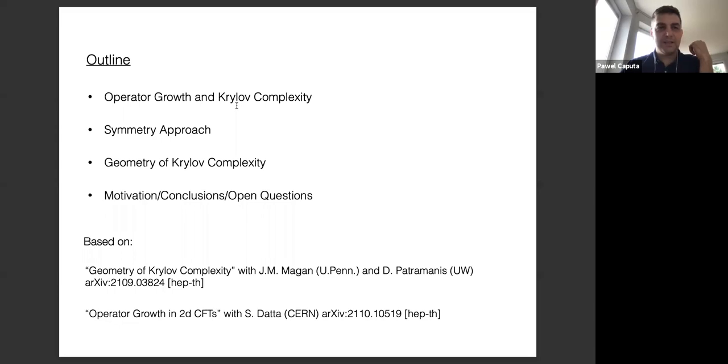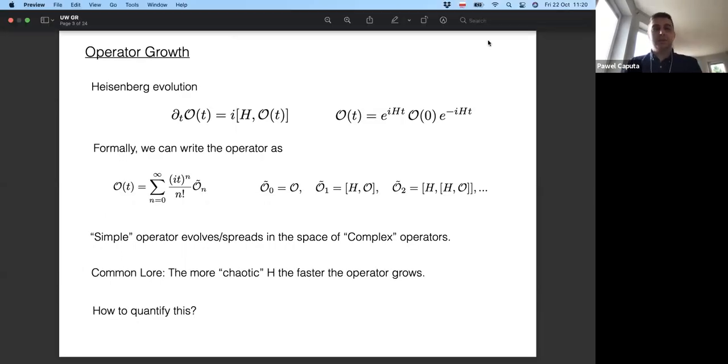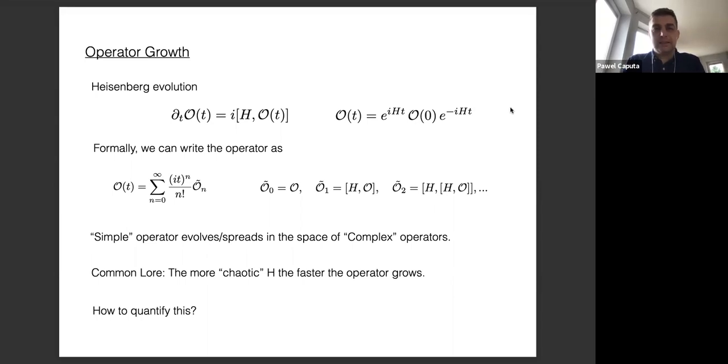Okay, so let me start with the definition of the operator growth. I'll be generally talking about quantum mechanical systems. It can be actually quantum mechanics or quantum field theory, described by some Hamiltonian H. And we'll be interested in the evolution of operators, this curly O, that is usually governed by the Heisenberg equation.